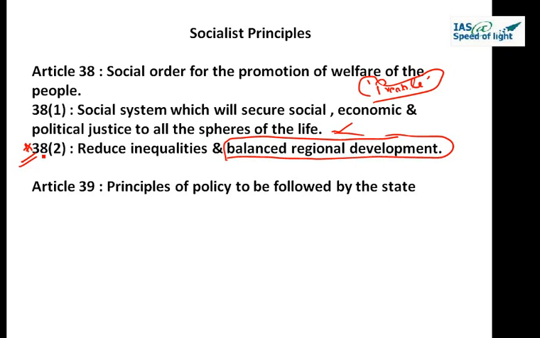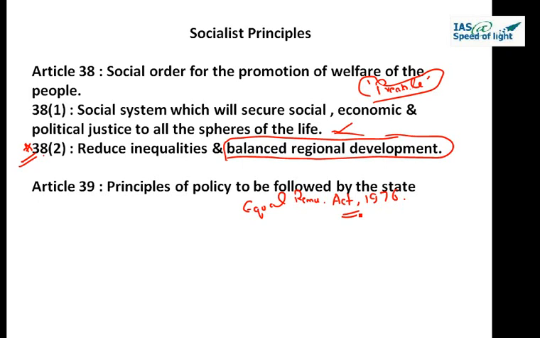Now, this particular 39 Part A says that men and women should have an equal right to an adequate means of livelihood, and to accompany that, to follow that, the Equal Remuneration Act 1976, which advocated equal pay for both men and women.